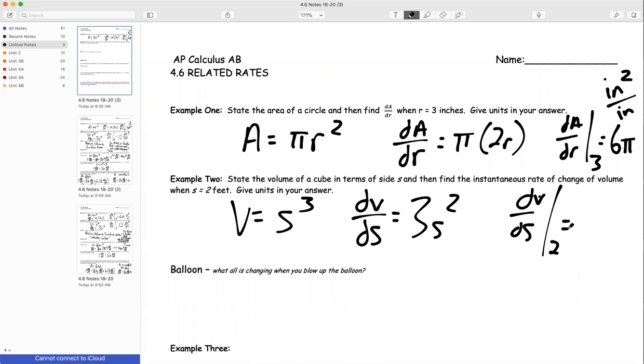So if I take 2 and plug it in, I have 2 squared times 3, which is 12. And let's put the units on there. The volume is measured in cubic feet, so feet cubed. And then the side is measured in feet. So I get 12 cubic feet per foot.